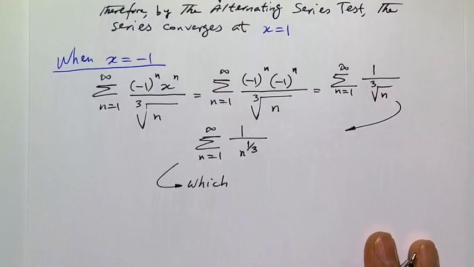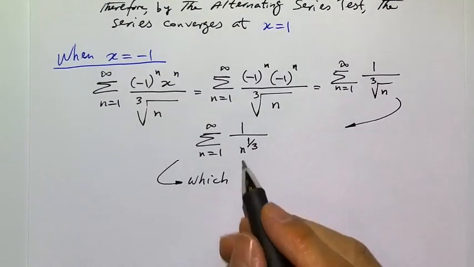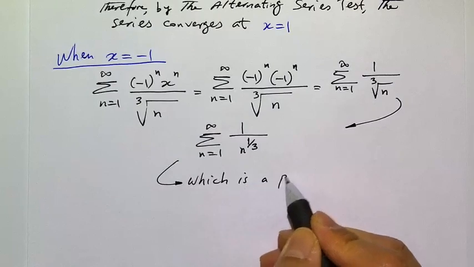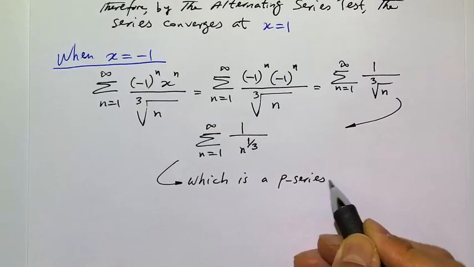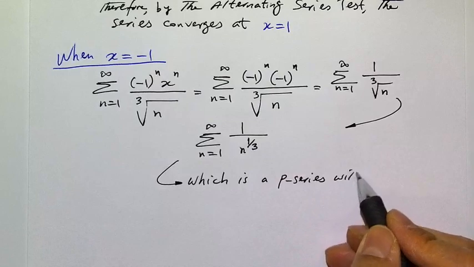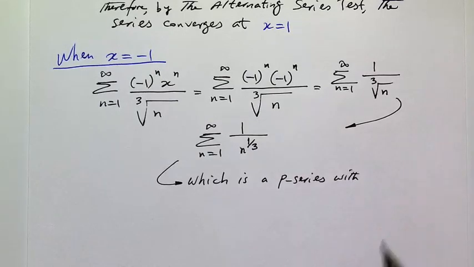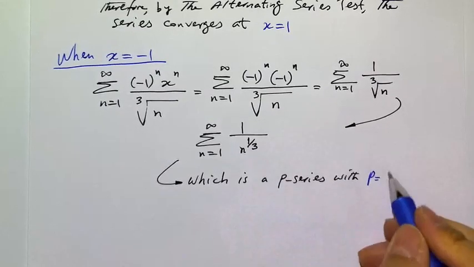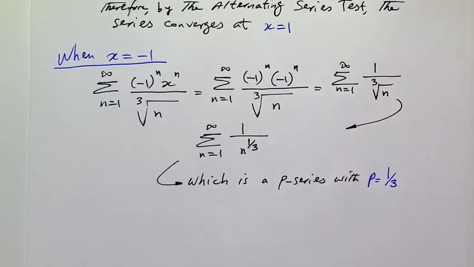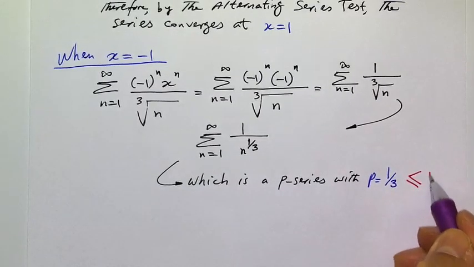Which is a P series, with P equals 1/3, which is less than or equal to 1, right?